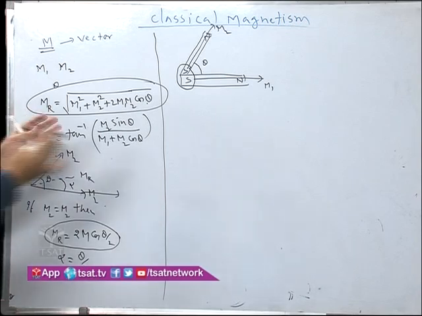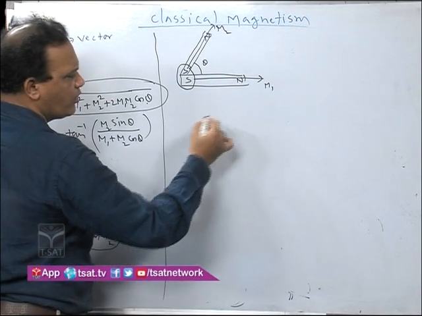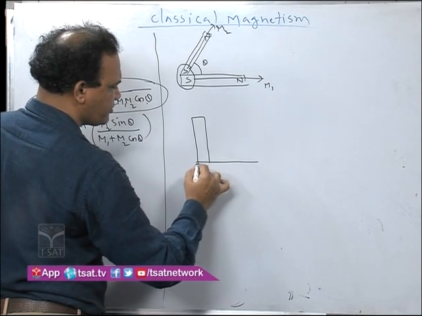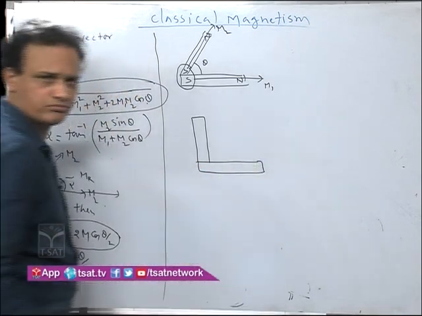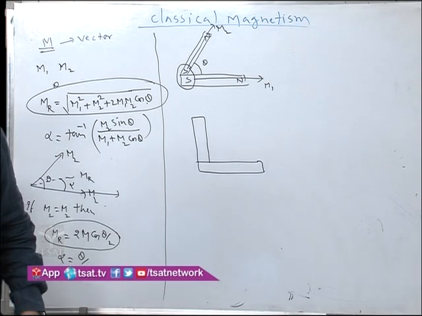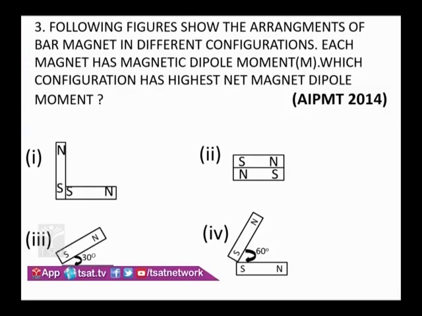Now in a previous entrance question, in the AIPMT exam, the following figure shows the arrangement of bar magnets in different configurations. Each magnet has magnetic dipole moment m. Which configuration has the highest net magnetic dipole moment?